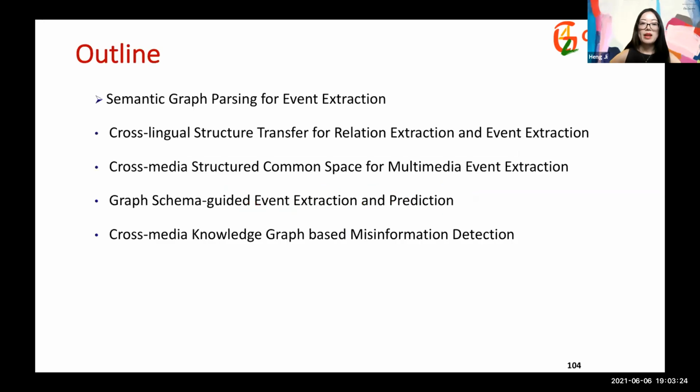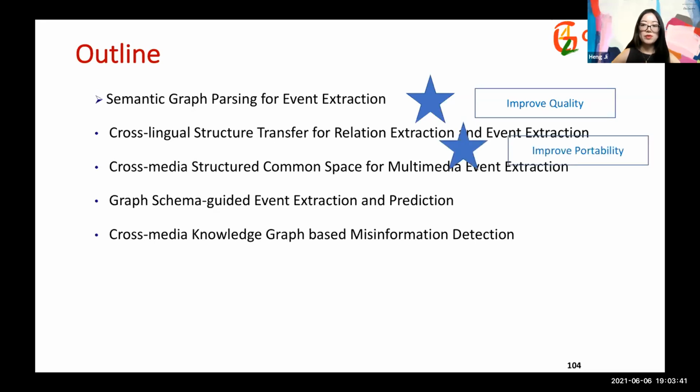So in this tutorial, I would like to talk about 5 different aspects of this problem and show why graph deep learning methods are very powerful to not just improve the quality but also improve the portability, which means we can transfer what we have from one language to another, from one data modality to another, and also help us extend the scope of the extraction.